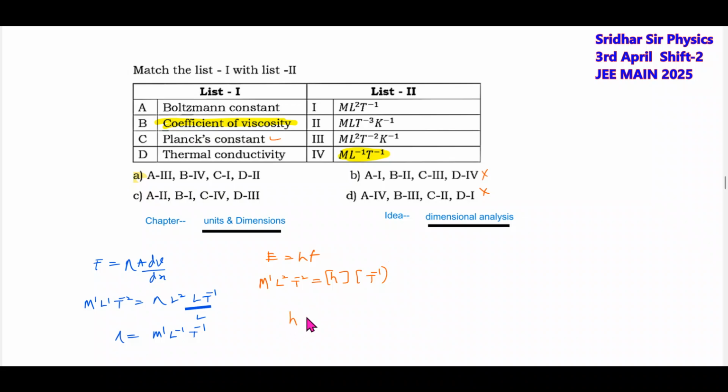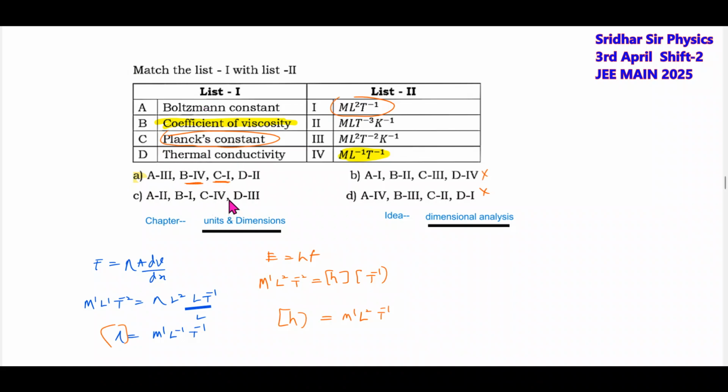So dimensions of h will be M1 L square T minus 1. So this will be the dimensions of Planck's constant. So C will be 1. C is 1, it's available here. And B is 4. You need not check the other things, sir.